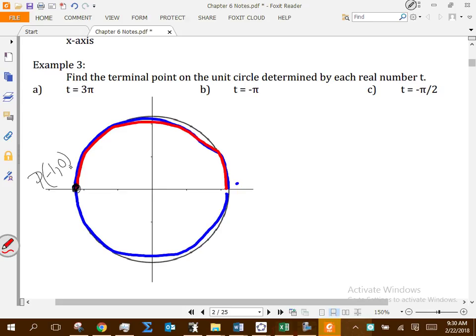Actually, do this now. Take your calculator. Put your calculator in radians because of how this question is presented.